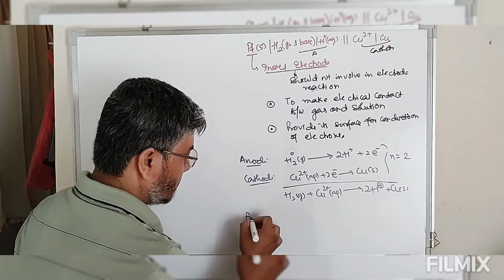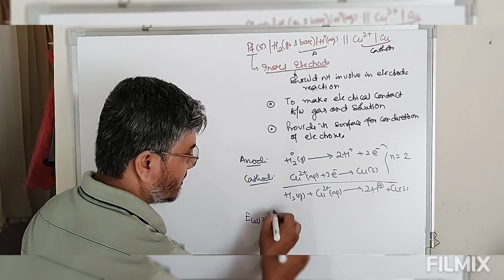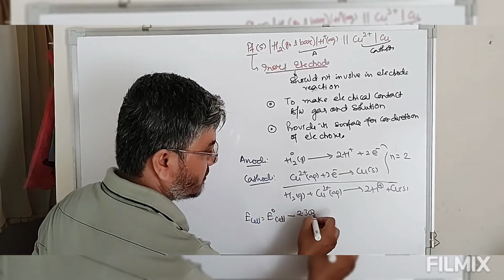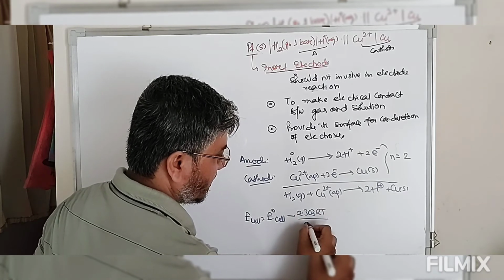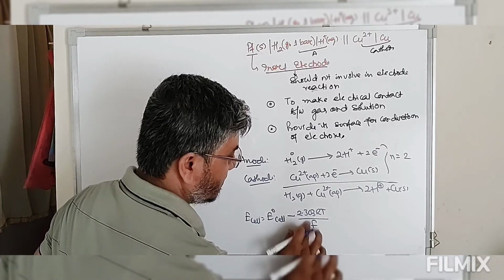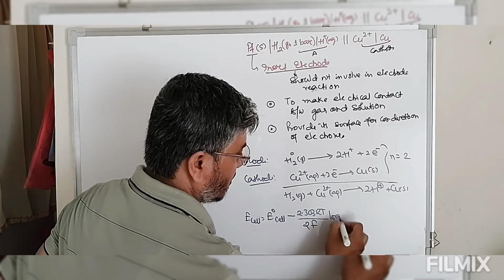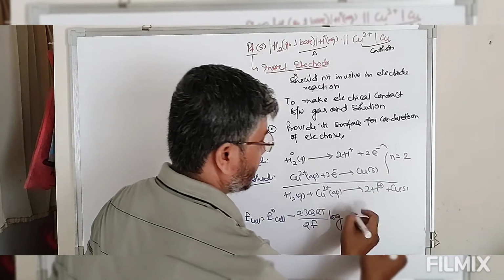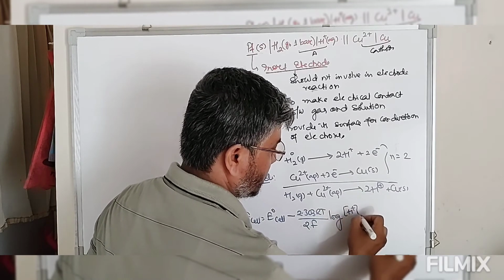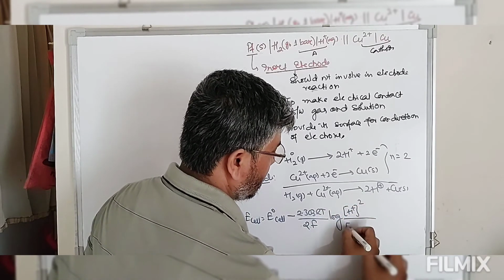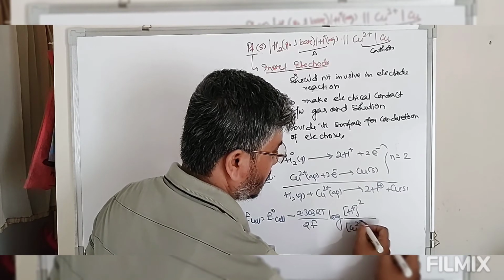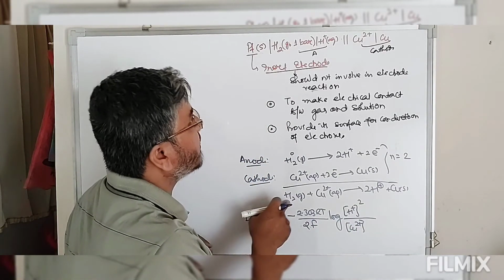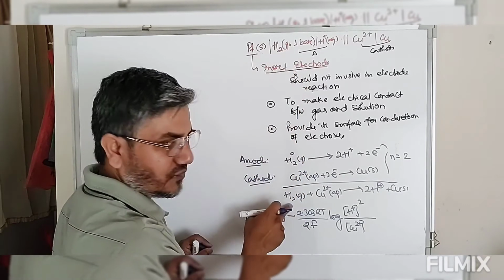From this we have to write down E cell. So E cell is E naught cell minus 2.303 RT divided by nF, where n is 2, times log of, look at this, this is solid, this is solution, so we have the concentration of H plus ion squared divided by the concentration of Cu2 plus. Now the partial pressure of hydrogen is mentioned as 1 bar, so we don't have to write it down.